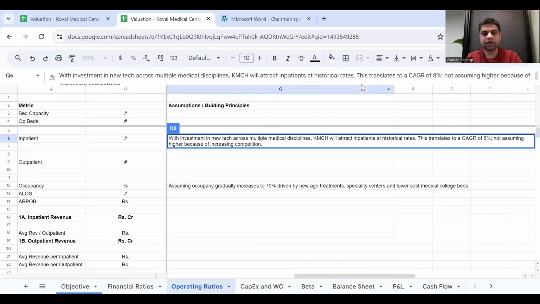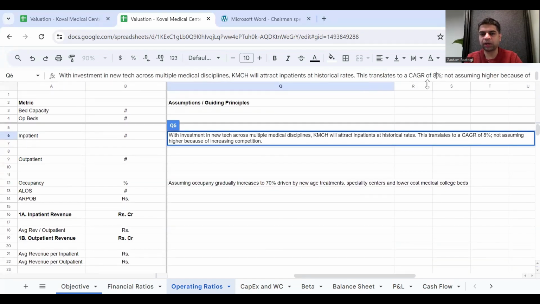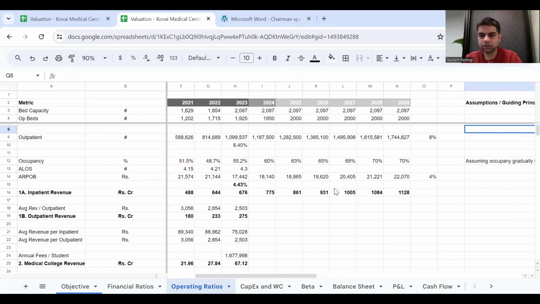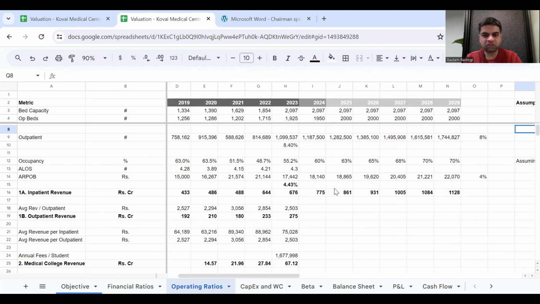There's a lot of competition in that area as well, so that's the reason why. Let's be conservative.